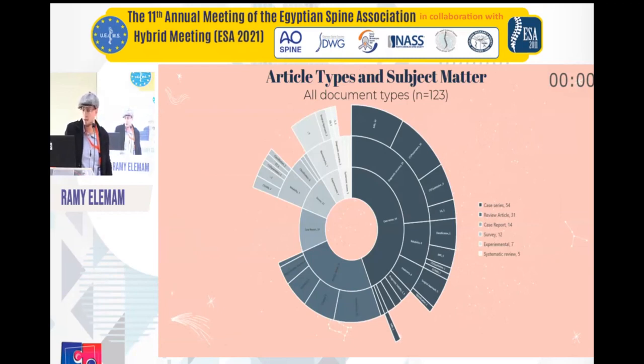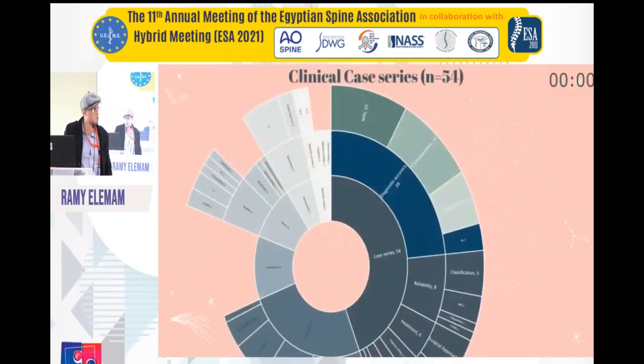I would like to focus more on the case series, which was predominated by diagnostic accuracy with 29 diagnostic accuracy publications, most of them focused on MRI diagnostic accuracy, followed by CT parameters and CT qualitative assessment.